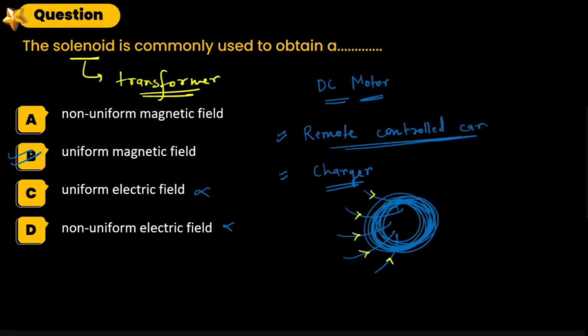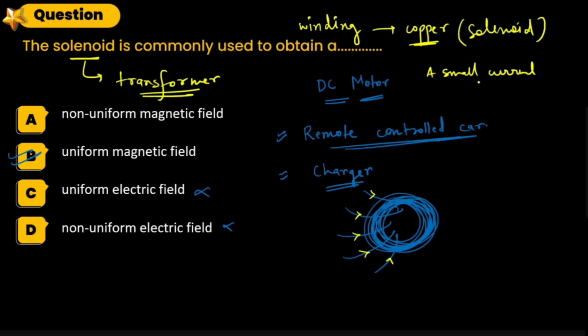In each and every transformer, there is a winding, which we call copper winding, and that copper winding generally acts as a solenoid. When a small current passes through the multiple coils like this, it increases the magnetic field, which ultimately gives us more current in the circuit because of the induced magnetic field. So there are certain devices in which we use a solenoid to increase the strength of the magnetic field.